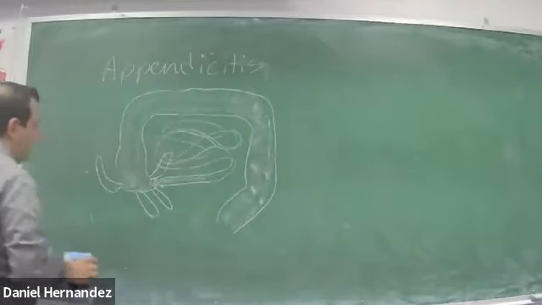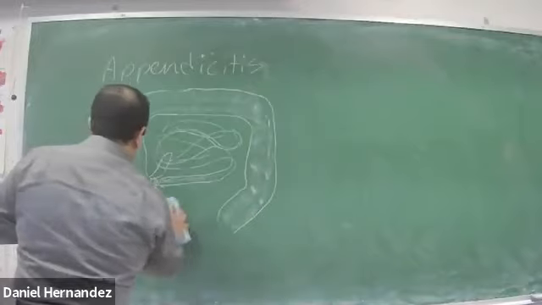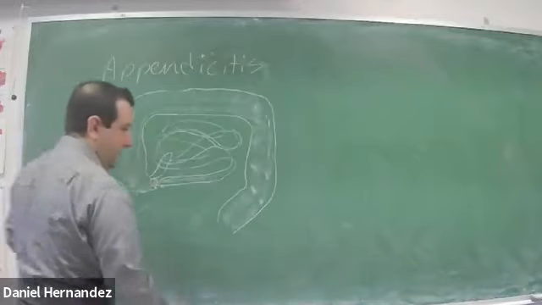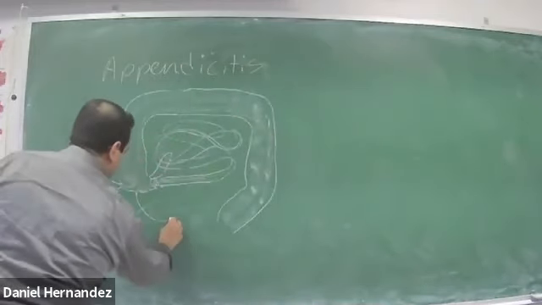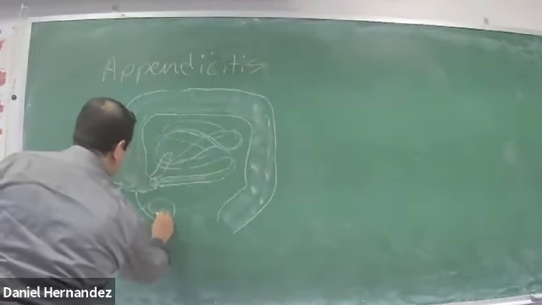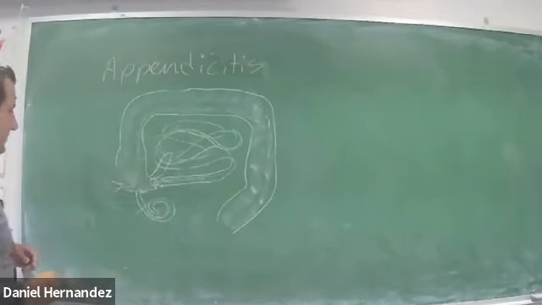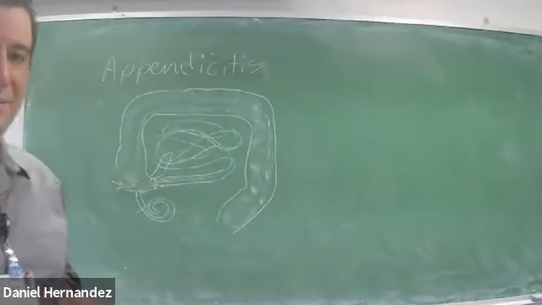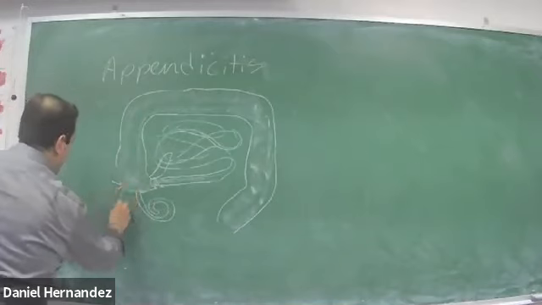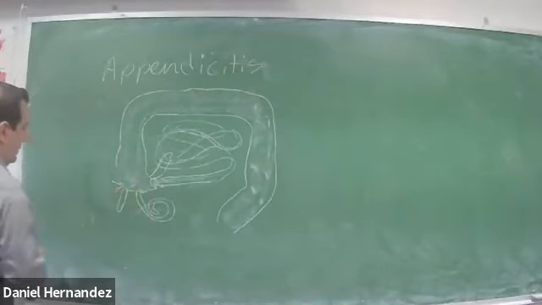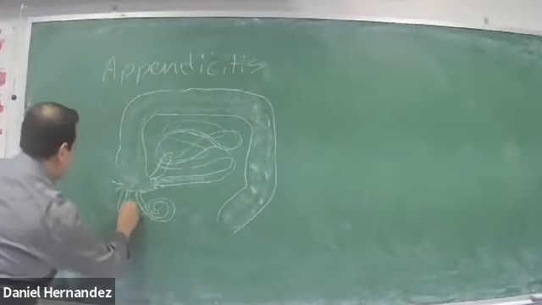In addition to having varying locations, appendixes can also be tortuous. You can have an appendix that loops around, so it may make it difficult to follow or track. Some may be shorter and fatter, others may be longer and skinnier.